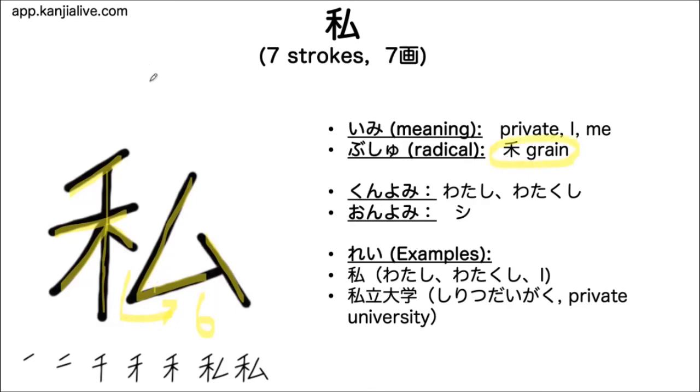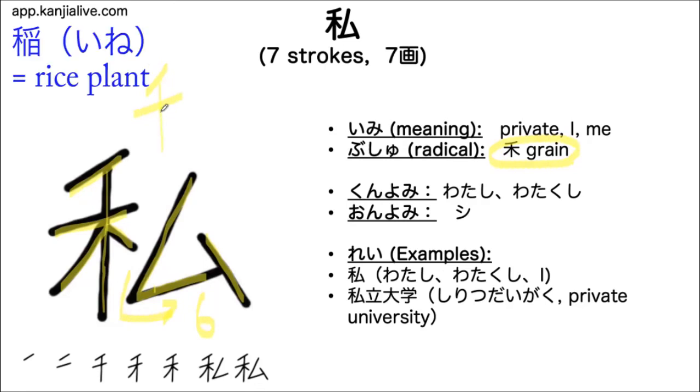For example, ine is one of the kanjis which has this radical. So this one is really hard, right? So this is ine, rice plant.